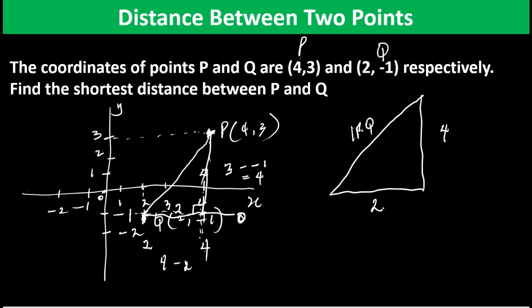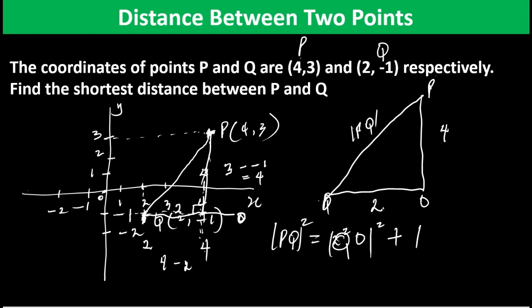This is side PQ. Now my PQ, obviously from Pythagoras theorem, will come from this is P, and this is Q. PQ squared will give us QO all squared plus PO all squared.